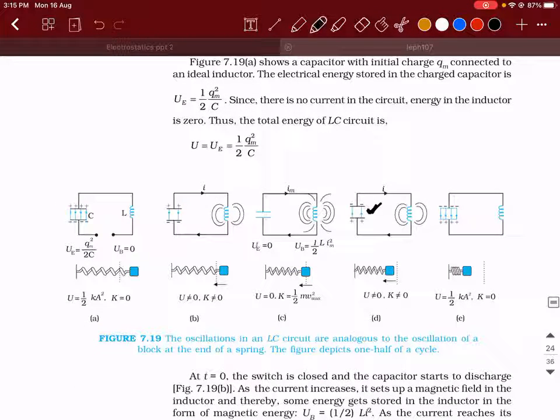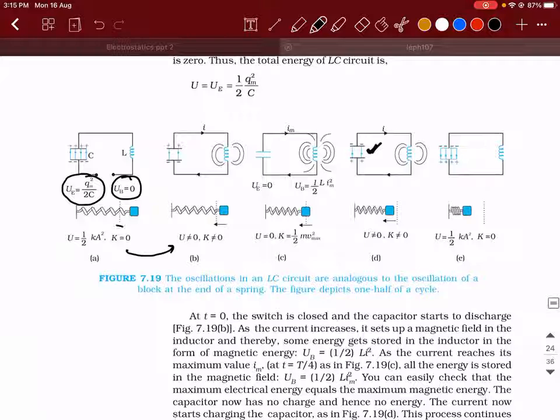In the sense, observe. Initially, UE is equal to Q square divided by 2C, where Qm is the maximum charge that the capacitor would have stored. So UB is 0. Similarly, when this goes here, this will be half L I square, and it is something like the mechanical energy.